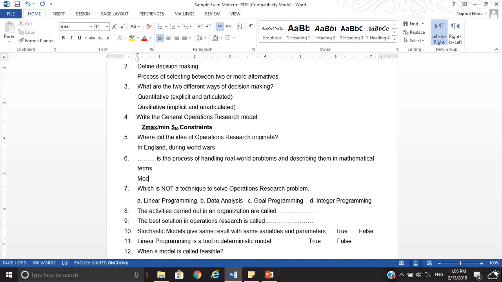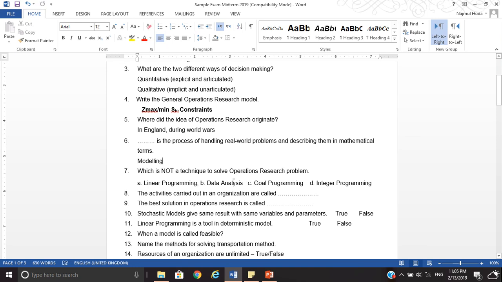Sixth question: the process of handling real world problems and describing them in mathematical terms is modeling. In modeling, there are 3 steps which will come later again. We just try to replicate the problem.